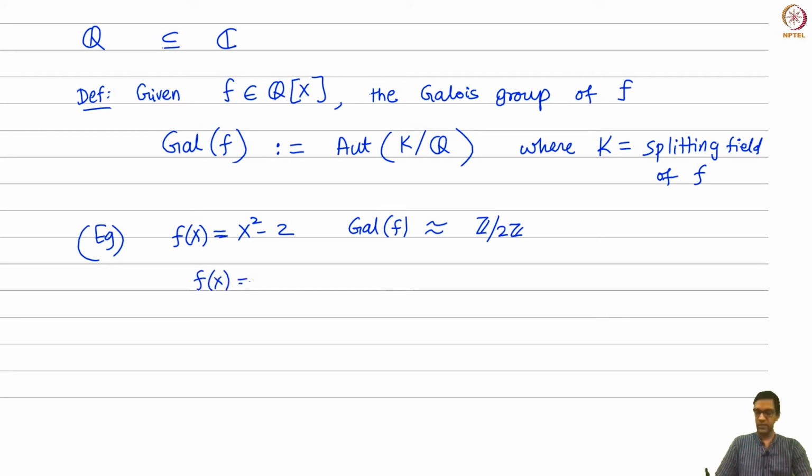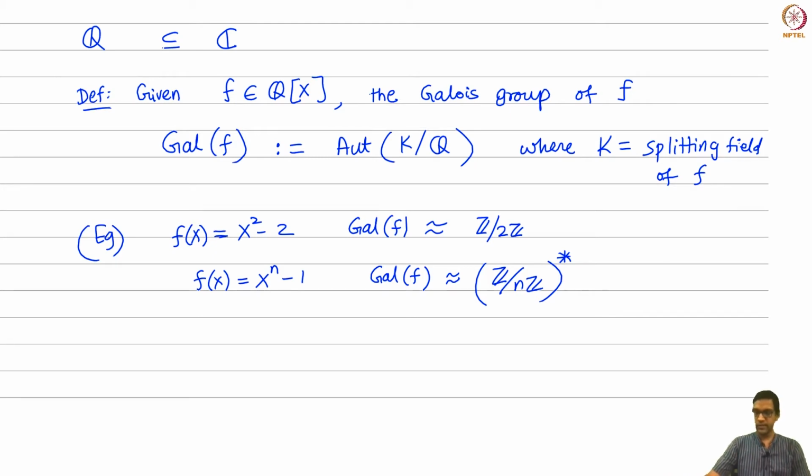If I have xⁿ − 1, then the splitting field is the cyclotomic field of the nth roots of unity, and we have seen that the Galois group of the cyclotomic extension is the group of units of the ring Z/nZ, the elements which have multiplicative inverses. The cardinality is φ(n), Euler's totient function.